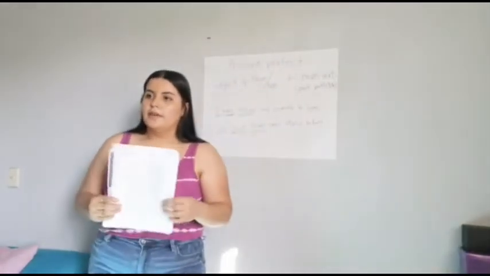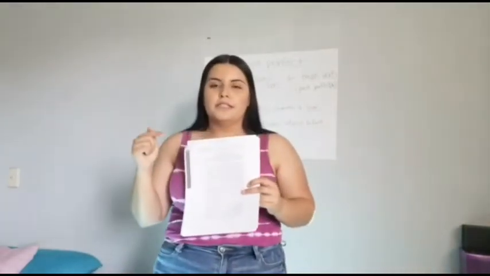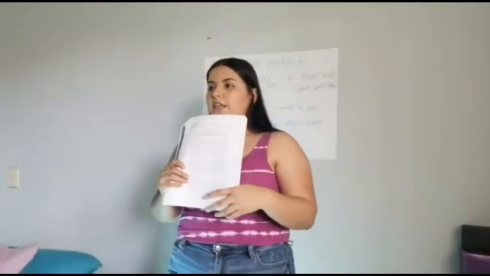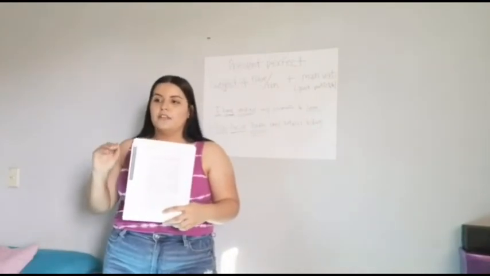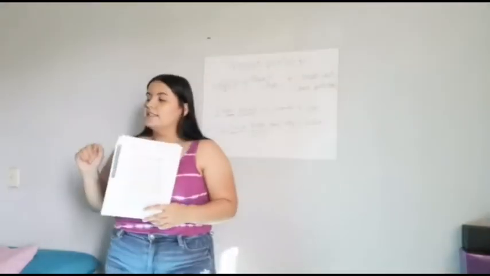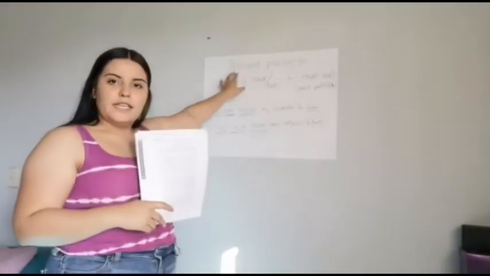Yes, okay. Very good. We are going to circle all the present perfect tense structured sentences. After doing this, after circling them all and after finishing reading the text, we have to write down 10 sentences using the present perfect tense.